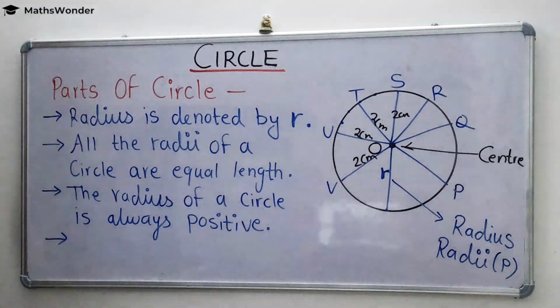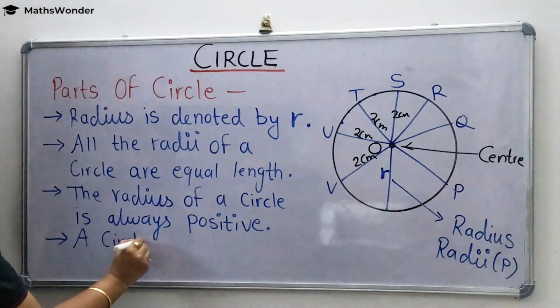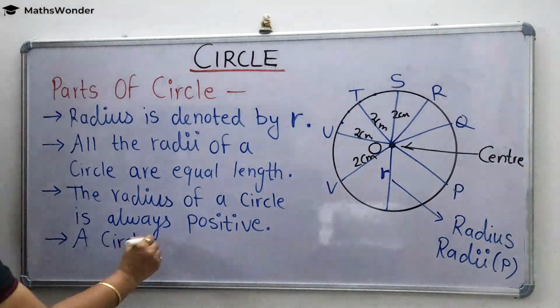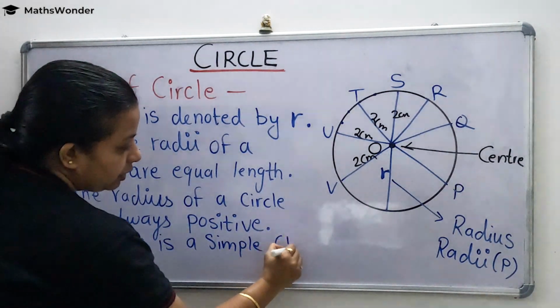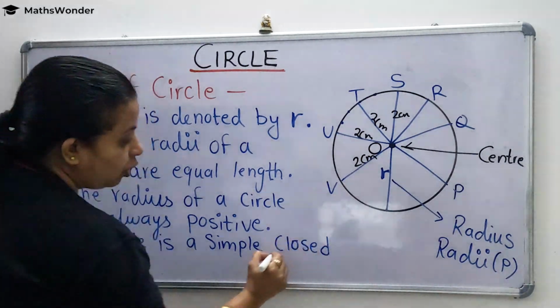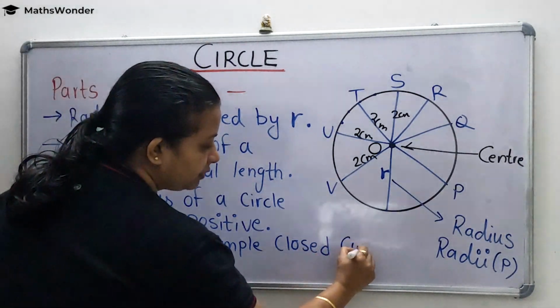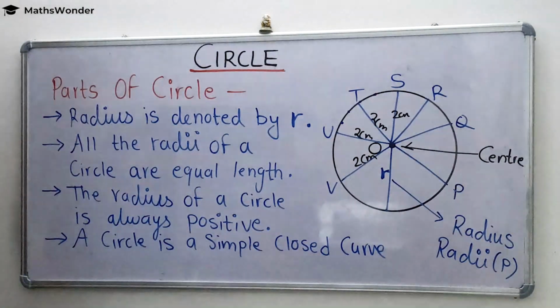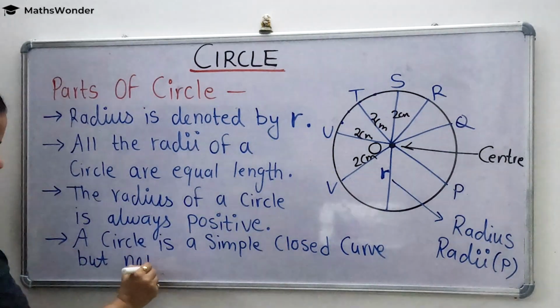Now, one more important property. A circle is a simple closed curve but not a polygon. What is the difference between a closed curve and a polygon?